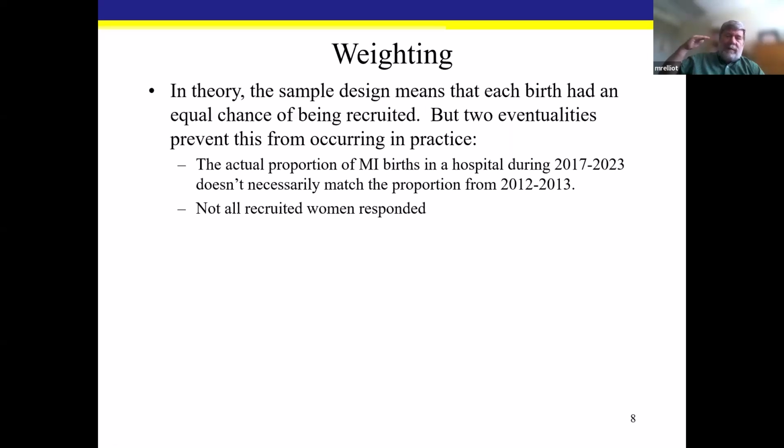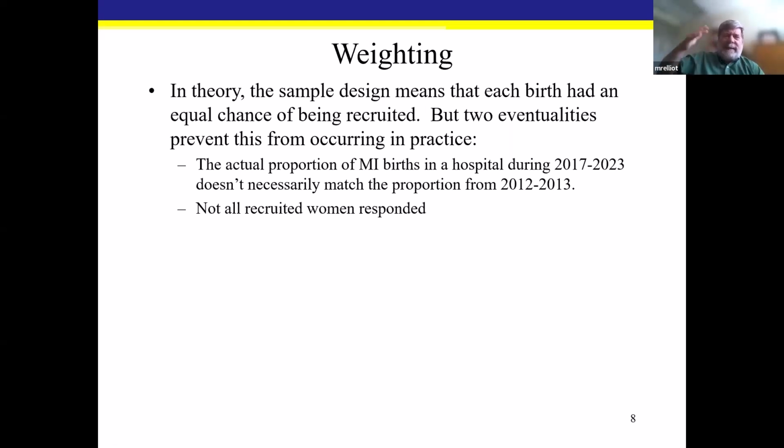So if we assume there's some overall proportion of births that come from, say, University of Michigan Hospital, which was one of the sample hospitals, it may be that the actual proportion in the sample is now twice what we found initially. It's a bit of an exaggeration, but that's the direction it happened.